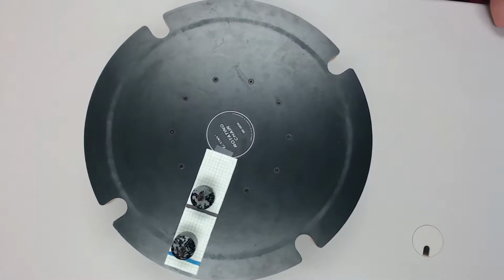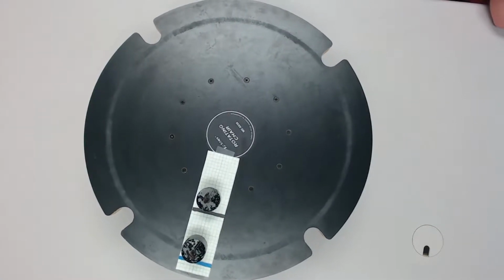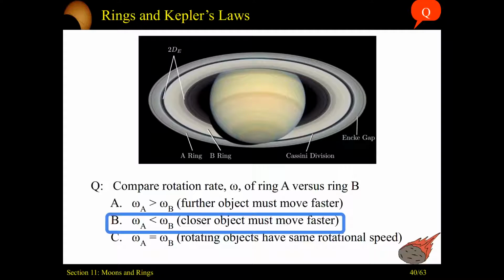Now let's come back to Saturn's rings. Talk about the force on the B ring here versus the A ring, which is going to be out here.